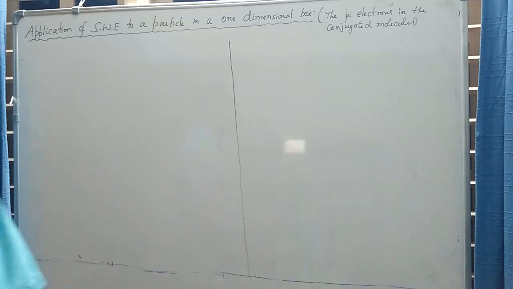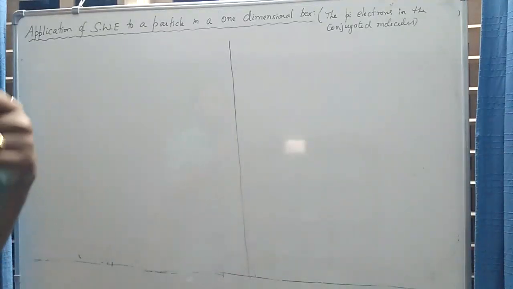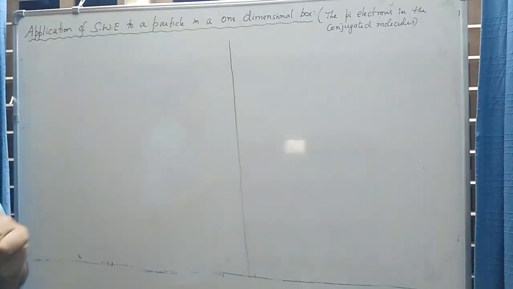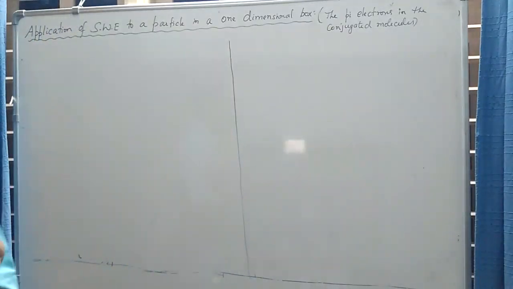We all know that the pi electrons in a conjugated molecule are delocalized, which means they can move throughout the conjugation. So the particle in a one-dimensional box can be roughly assumed to be equivalent to the pi electrons traveling in a conjugated molecule. It is only a rough application.